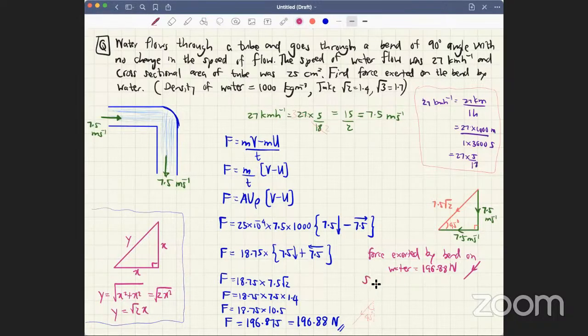So force exerted by water on bend, that is going to be the opposite. That is 196.88 Newton the other way. Okay.